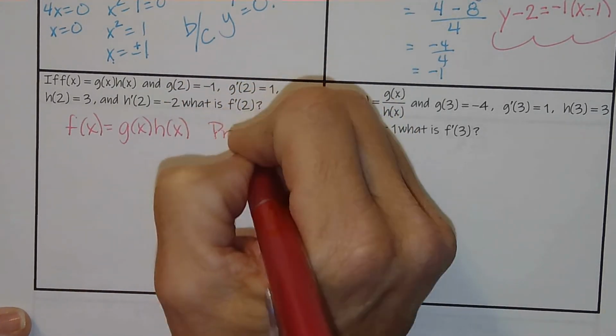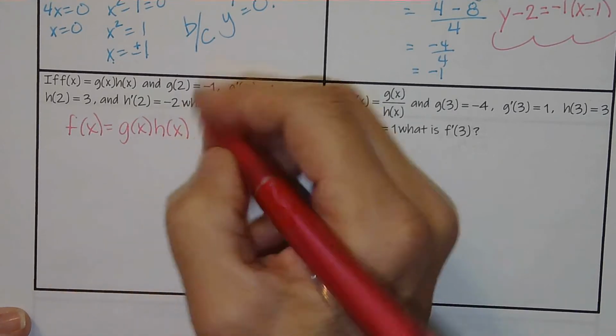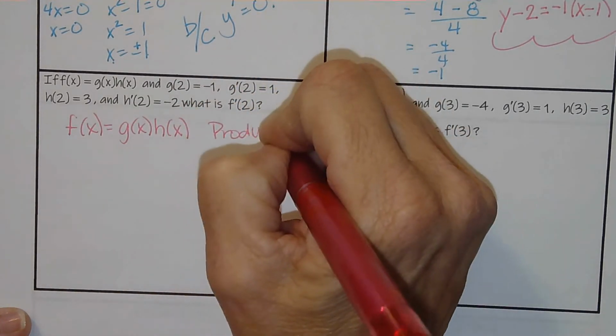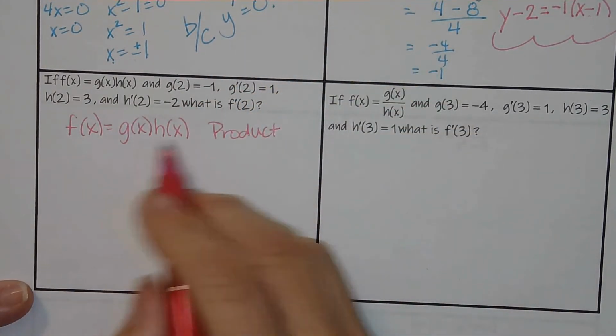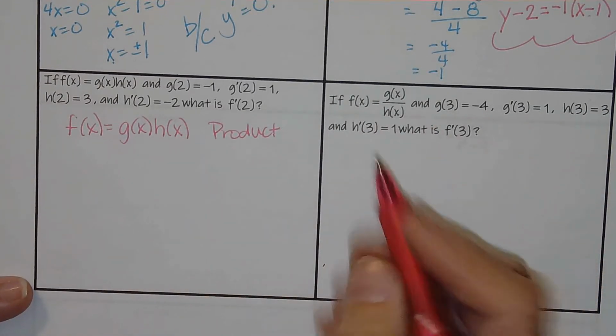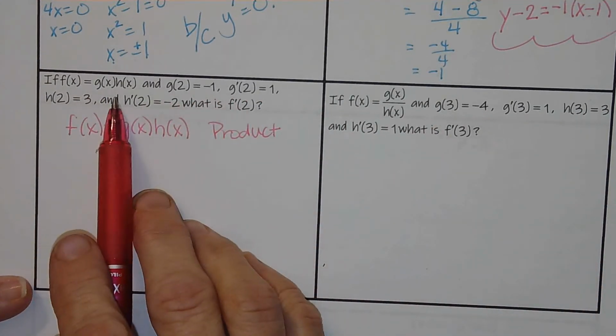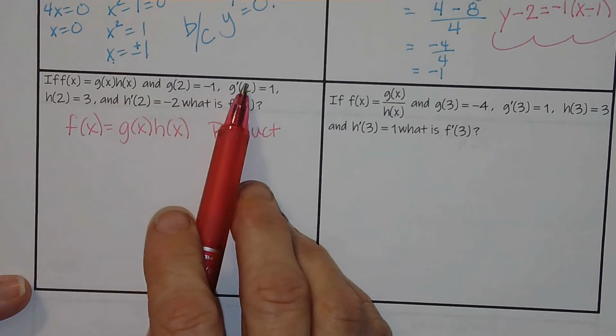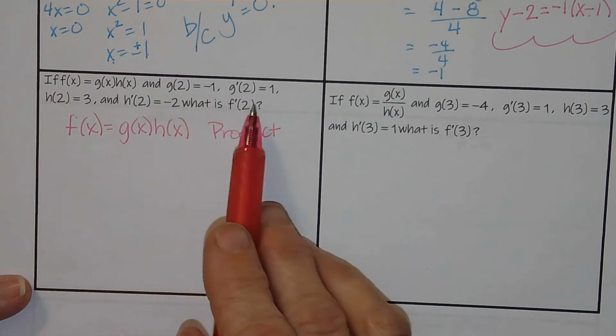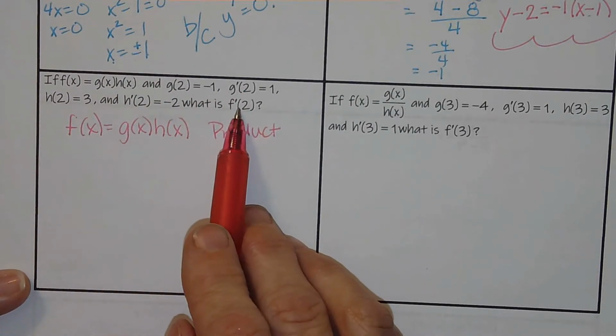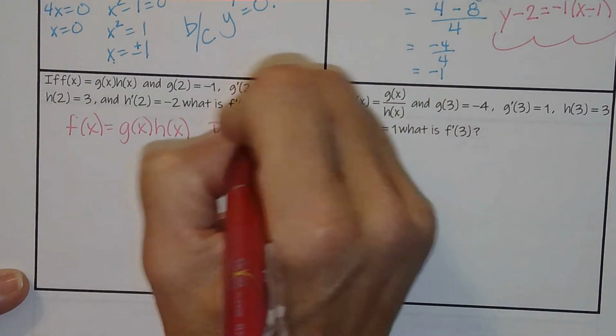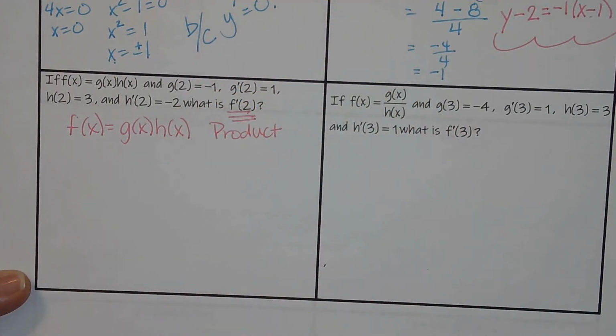So since I have a product of g of x times h of x, I have to use the product rule. What I've got here is a bunch of stuff about g, its derivative, and h and its derivative. And ultimately what I want to find is f prime of 2.